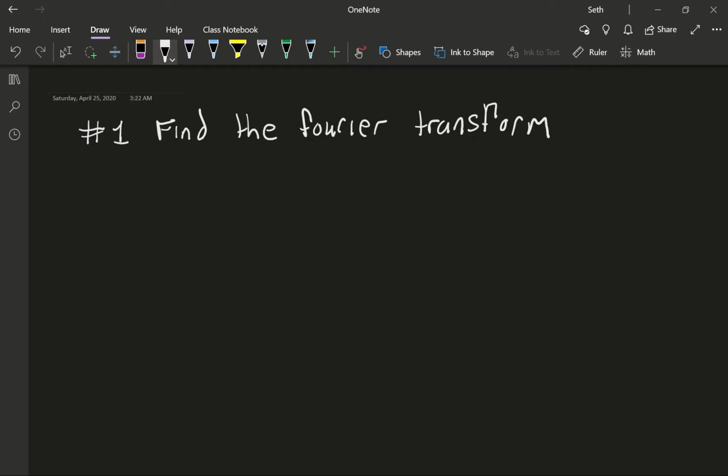The next 8 pages are the property tables, which you get for free on the exam.